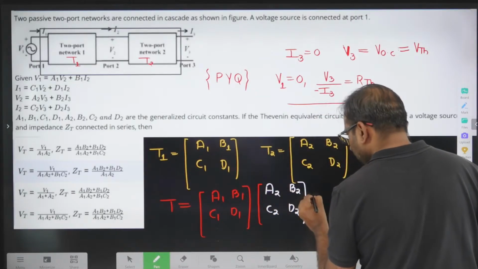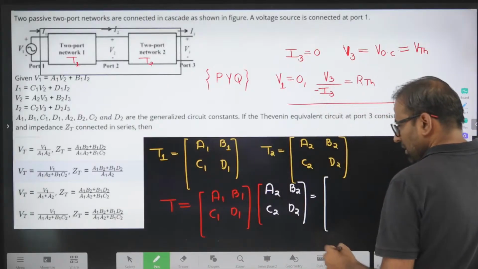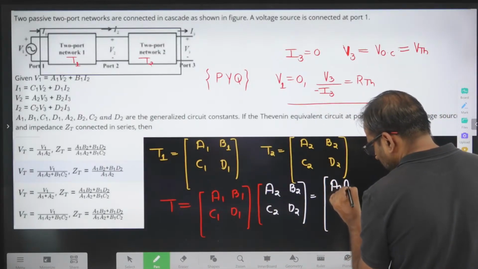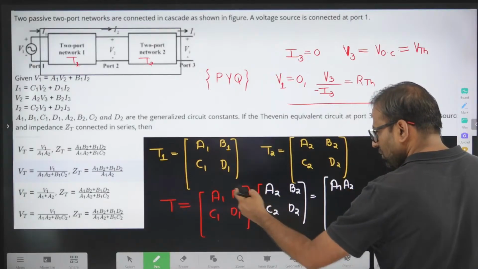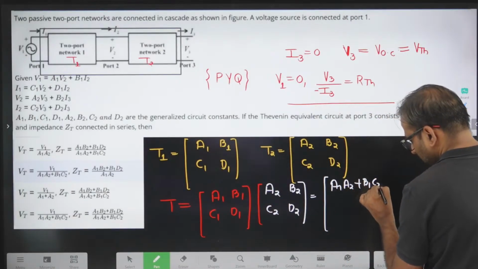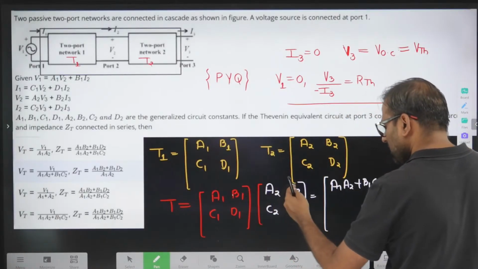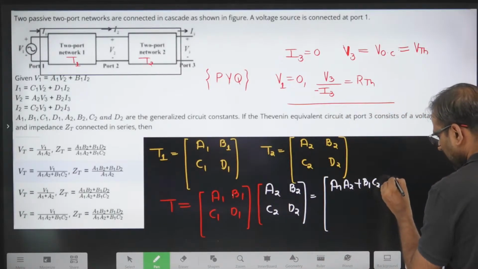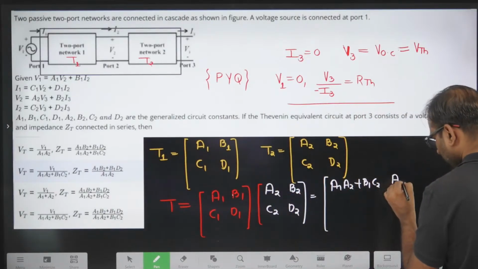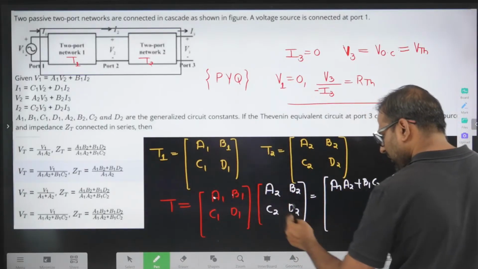When you multiply this, this is A1 A2 plus B1 C2. This is row 1 column 1. This is row 1 column 2: A1 B2 plus B1 D2.